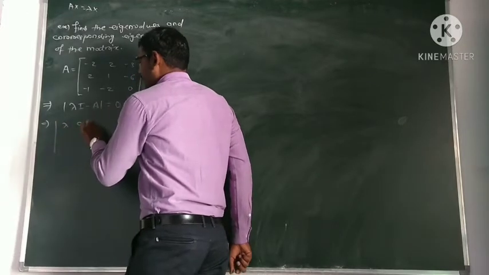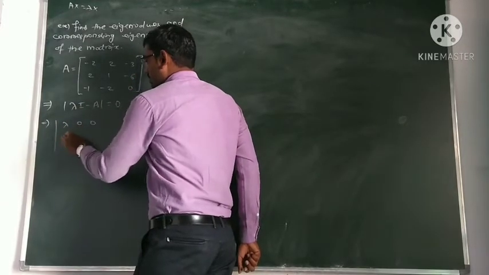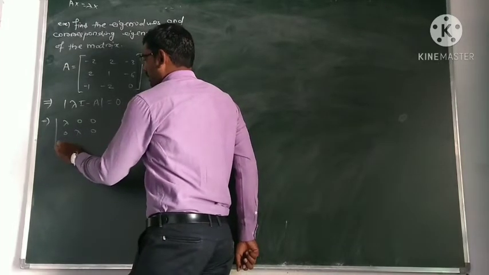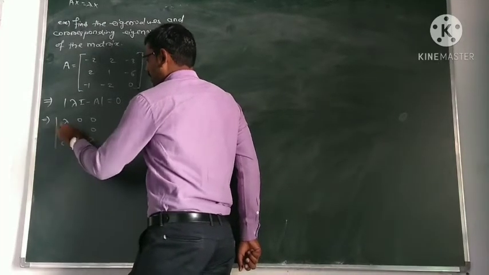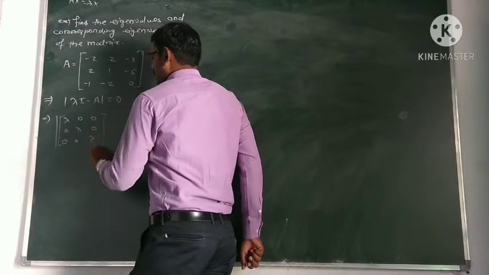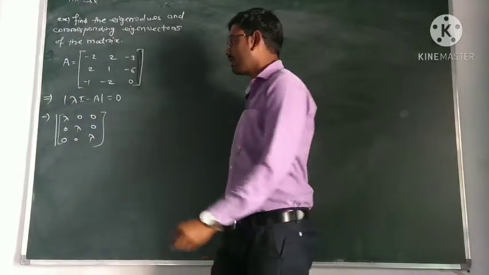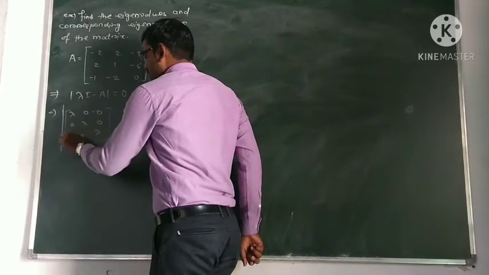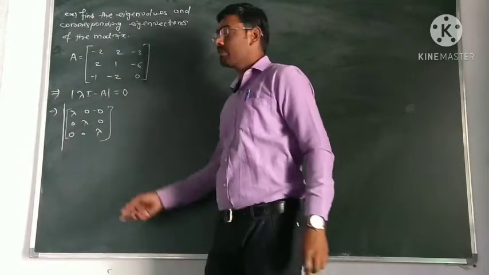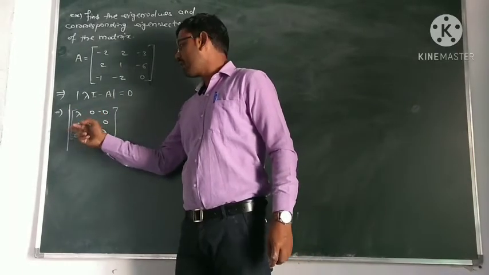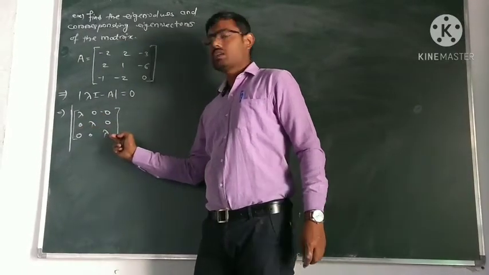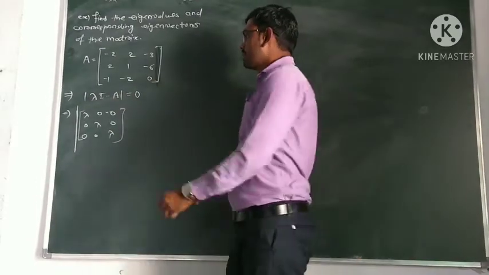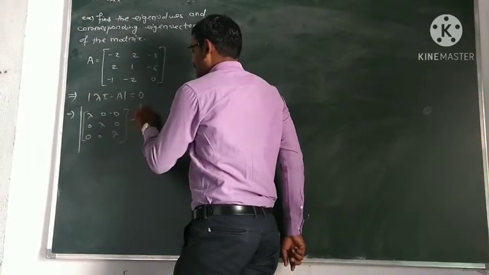Because I is 1 0 0, 0 1 0, 0 0 1, and they are multiplied by lambda. So lambda into 1 is lambda, lambda into 1 is lambda, lambda into 1 is lambda. All other entries are 0, so lambda into 0 is 0. Okay. This is lambda I minus A.